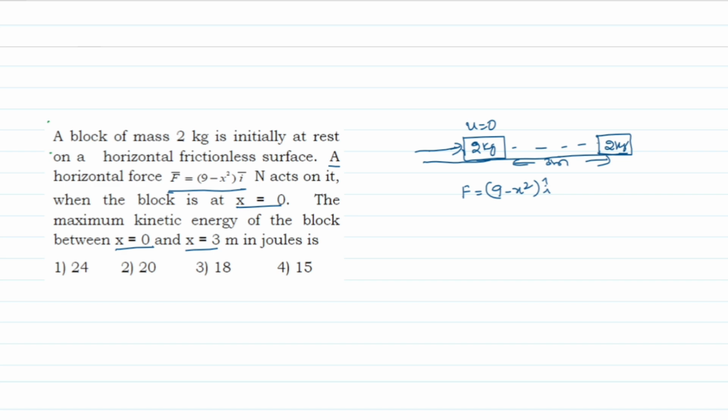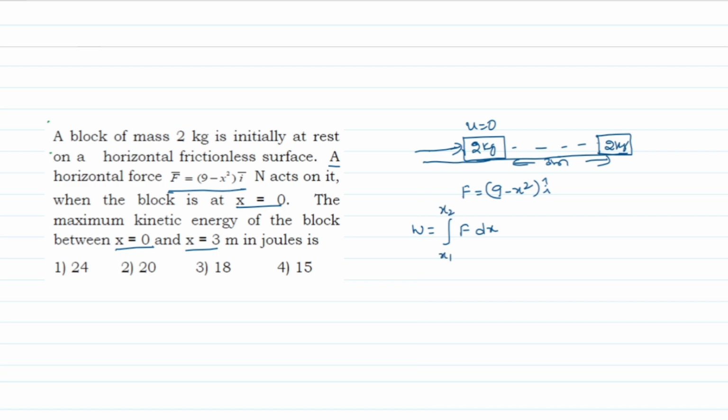Now just calculate the work done. Since it is a variable force, work done is the integral of f into dx, within the limits of initial distance to final distance.